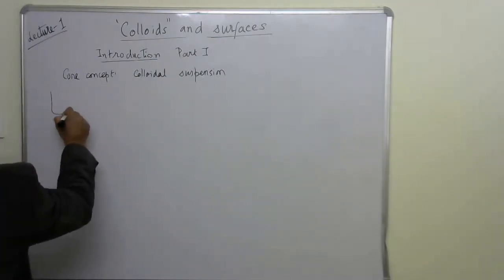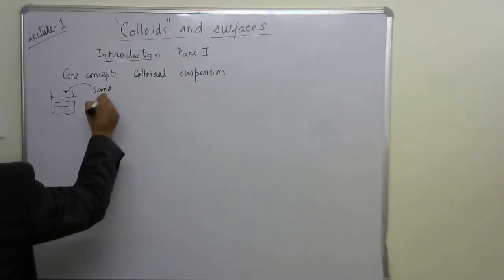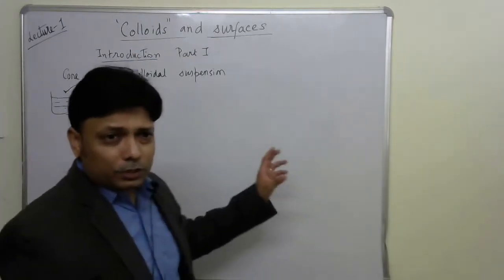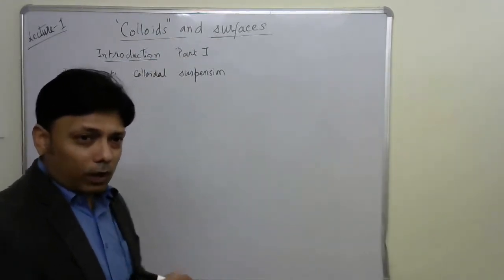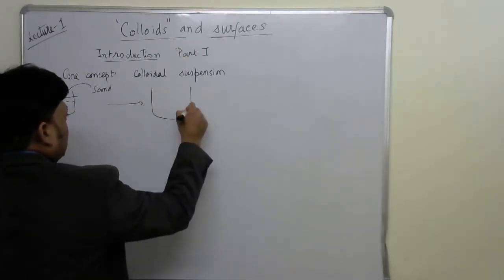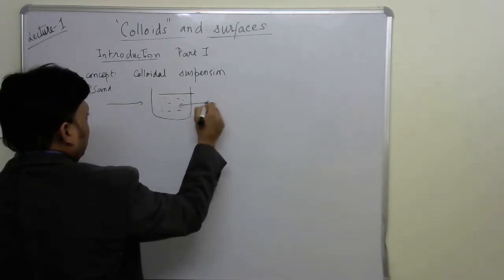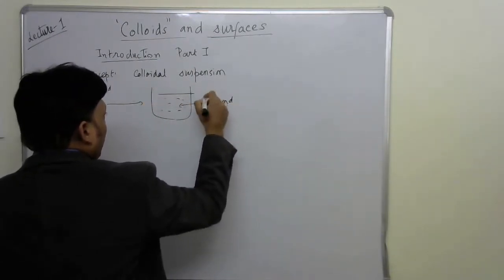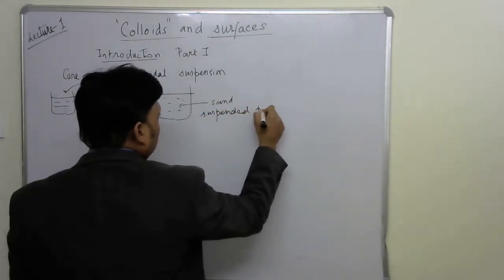For example, we have water in a beaker, and if we put some sand into the water and stir it well, after a while we will see that there are some suspended particles of sand. And we call them suspended particles.